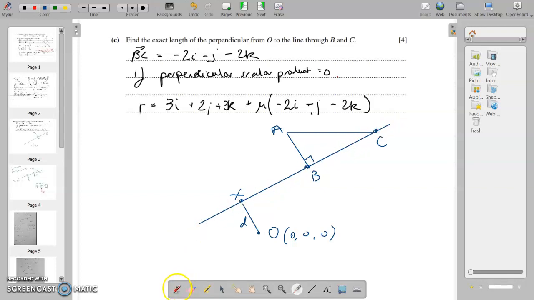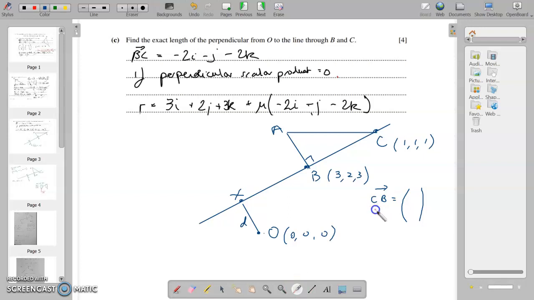So to do that, we need the vector of this line, okay, and we need a point it passes through. Well, we've got C and we've got B. Okay, well, C is 1, 1, 1 and B is 3, 2, 3. So we can work out the vector CB or the vector BC, no problem.